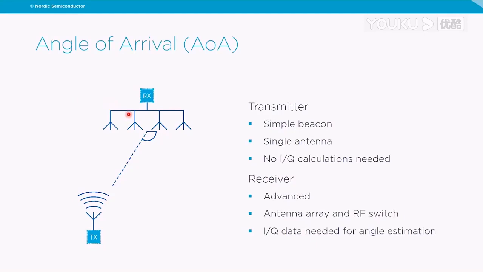It has an antenna array with multiple antennas, and also an RF switch, so that it can listen on these different antennas. And here this device has to calculate the angles by using the IQ data. And this device can calculate the angle of the arrived signal.